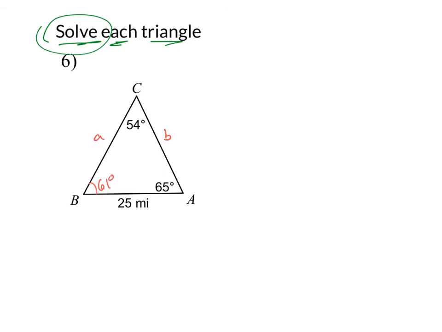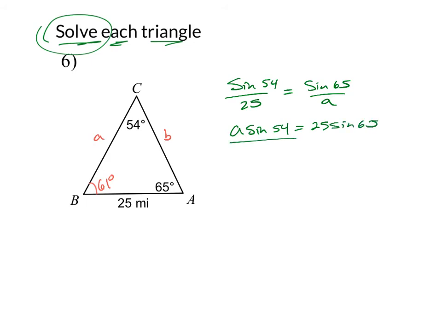So sine of 54 over 25 equals sine of 65 over A. And now I'm going to cross multiply, so A times sine of 54 equals 25 sine of 65, divided by sine of 54. So A equals, and we're just going to a calculator to find that this is 28 miles.